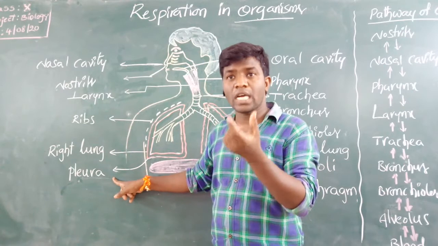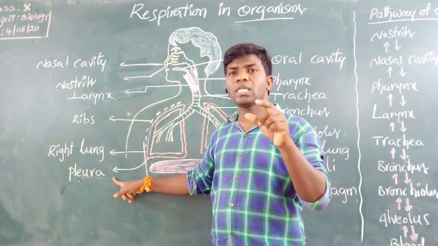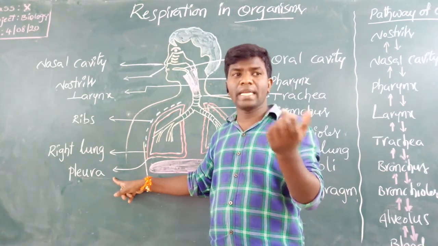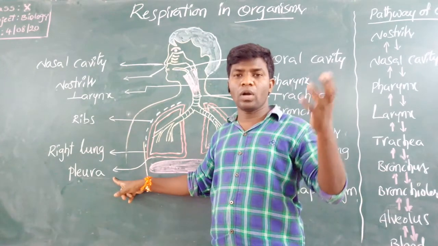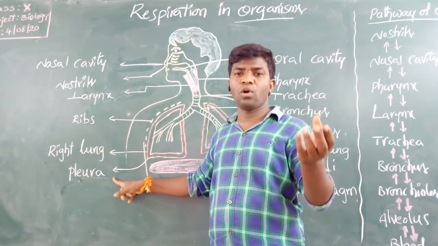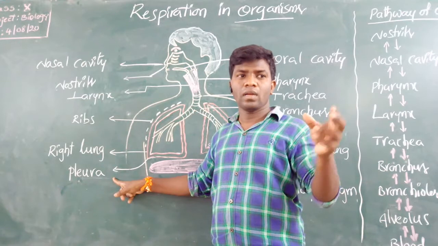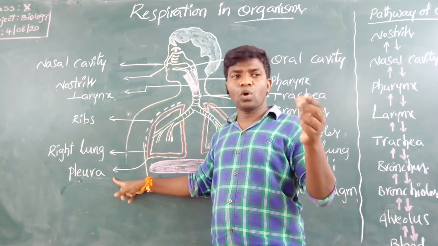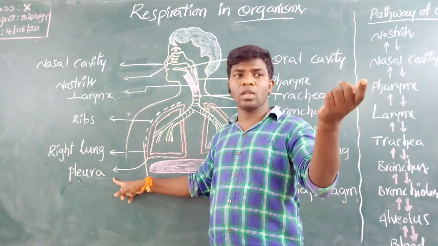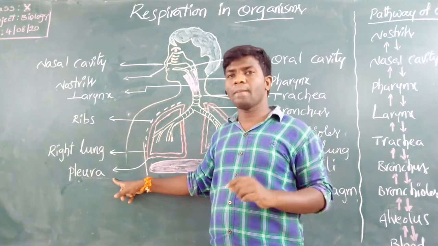It keeps the surface of the lungs moist for easy diffusion. Diffusion means spreading, for example if you keep a scent bottle in the classroom, the smell spreads throughout the room.